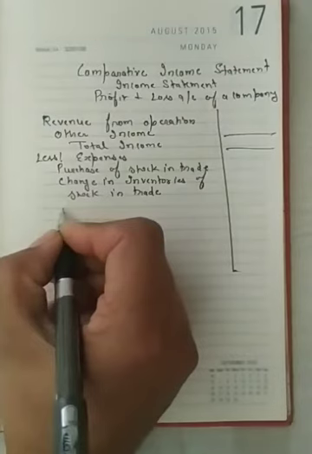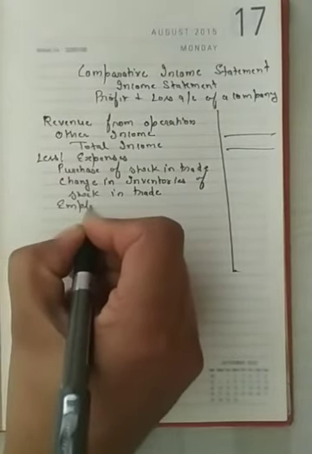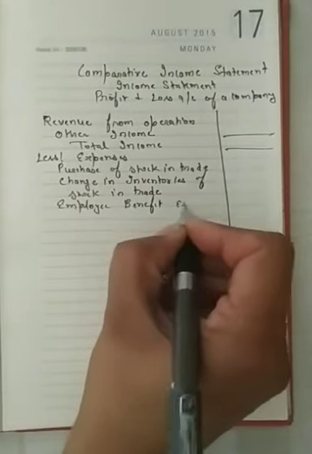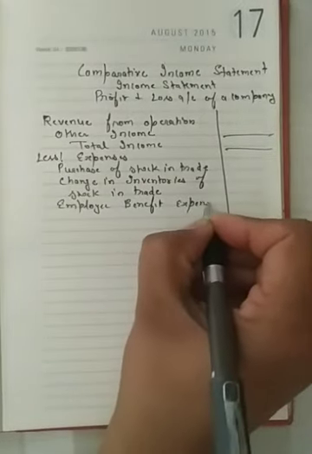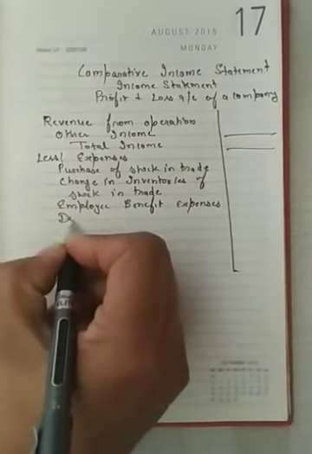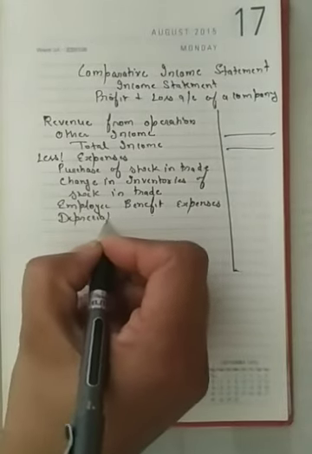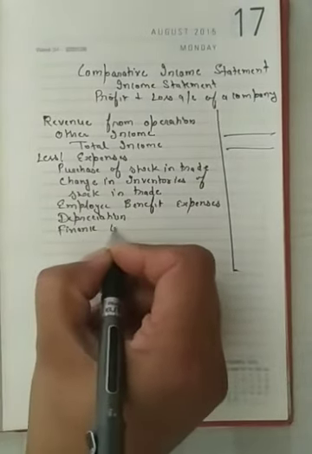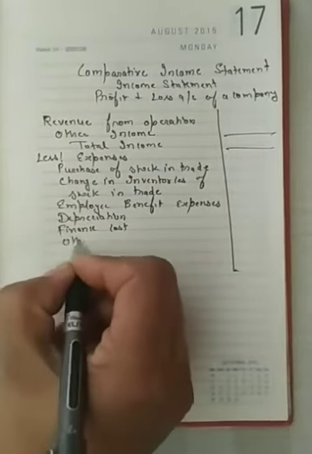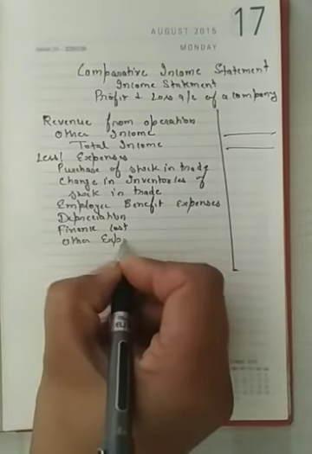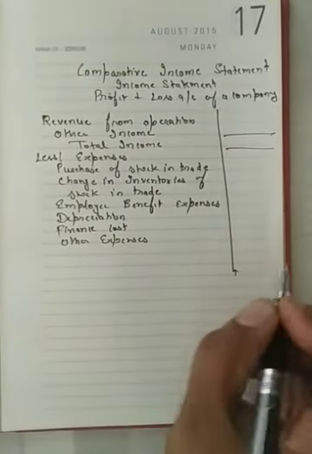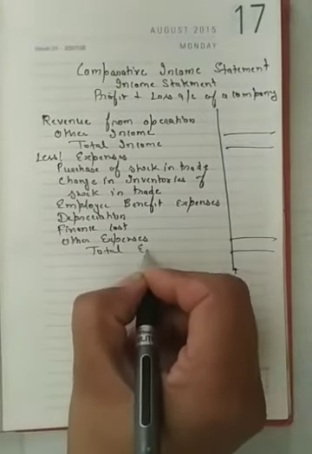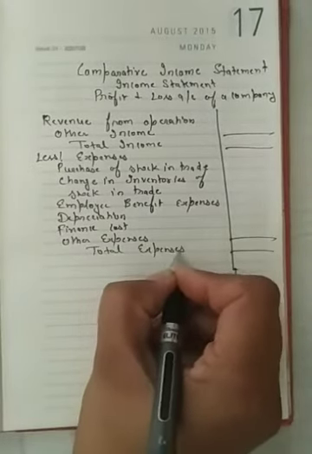Next is employees benefit expenses, depreciation, finance cost, and other expenses. These are different types of expenses which you will show in your income statement. Then you will total these expenses, then you will get a total expenses.